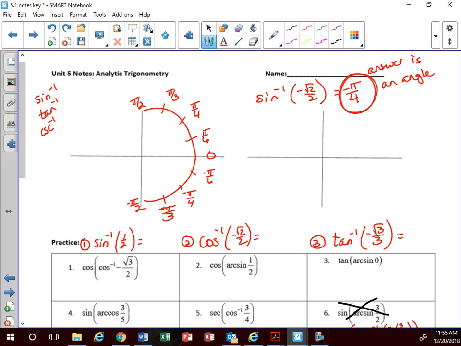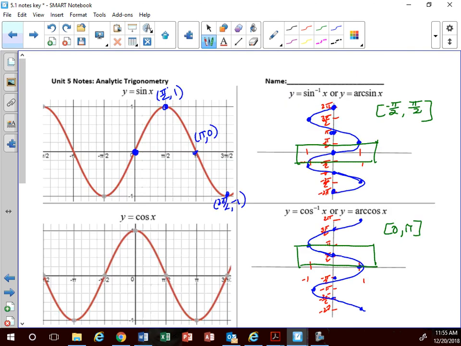But if you told me inverse sine negative root 2 over 2 and you told me 7 pi over 4, you would not get credit for that. Okay? It has to be within this little window that we graphed. Because if you think back to your graph, you don't have to write this on there. Why do we keep this function? Because we have to.